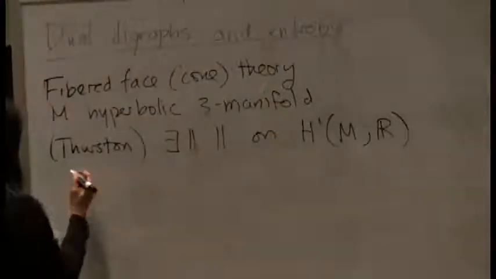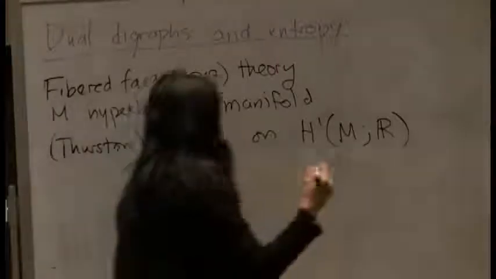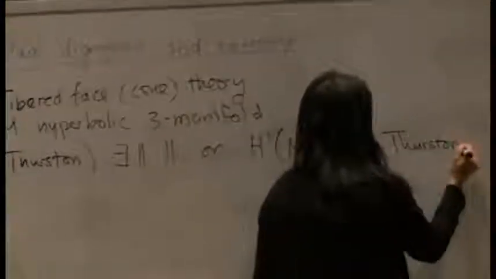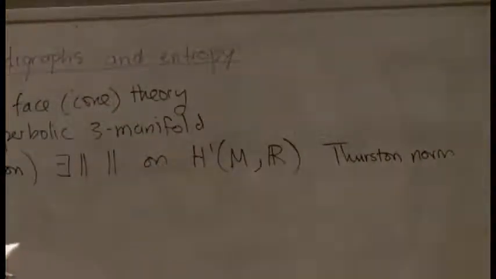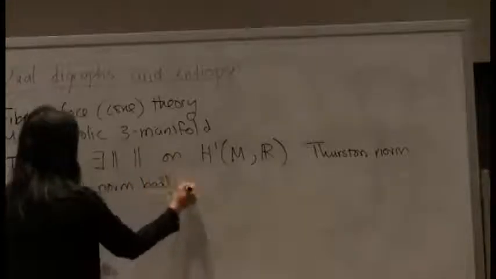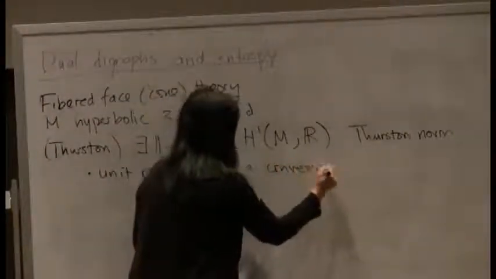This is called the Thurston norm. I'm just going to say what the properties are instead of saying how to define it. The unit norm ball is a convex polyhedron.